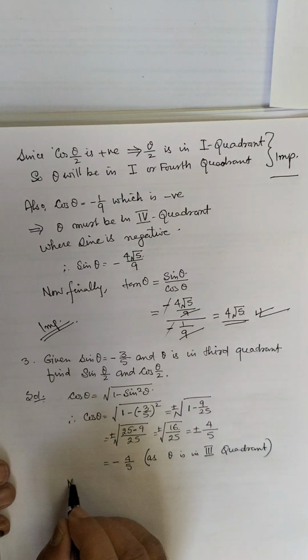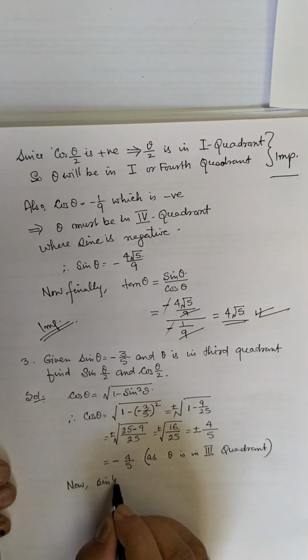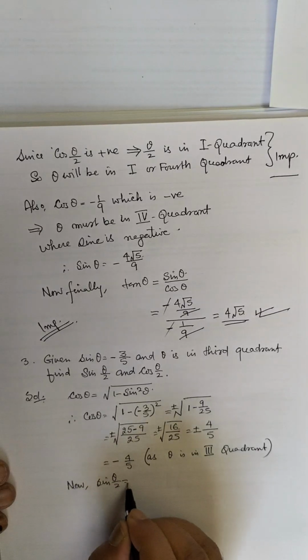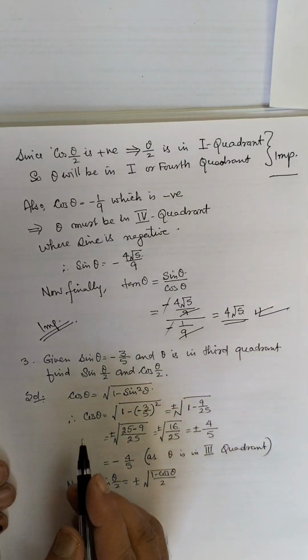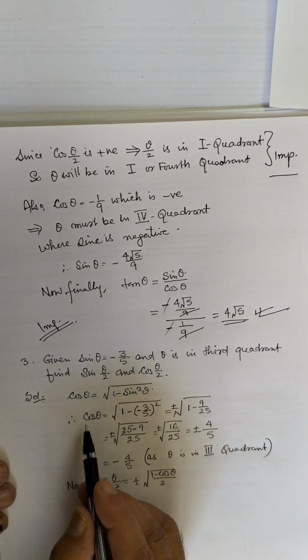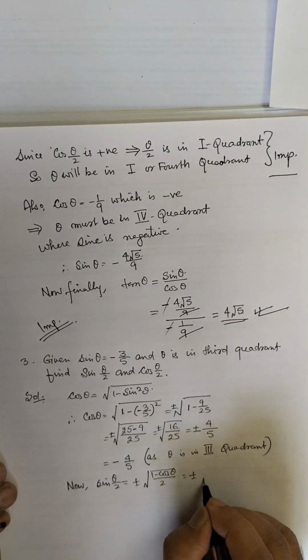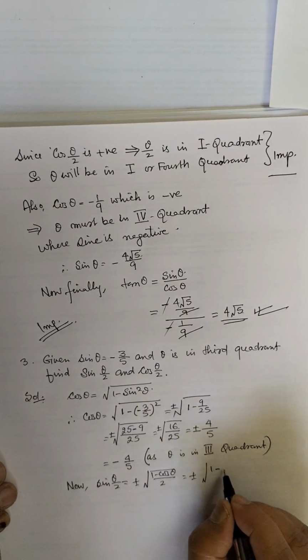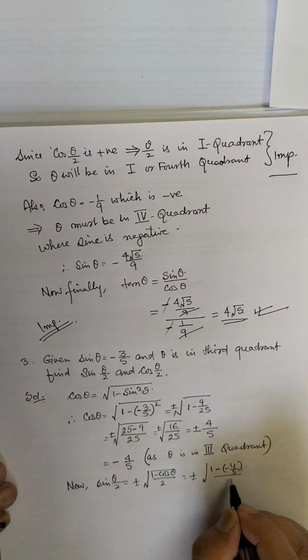Now sin theta by 2 is plus or minus root of 1 minus cos theta by 2. Now we got the value of cos theta. We will put that here, which is plus or minus under root of 1 minus of minus 4 by 5 on 2.